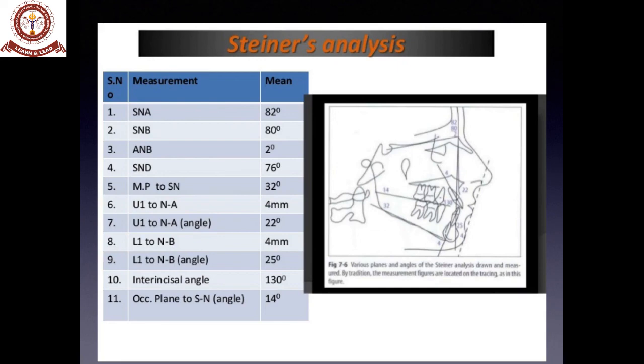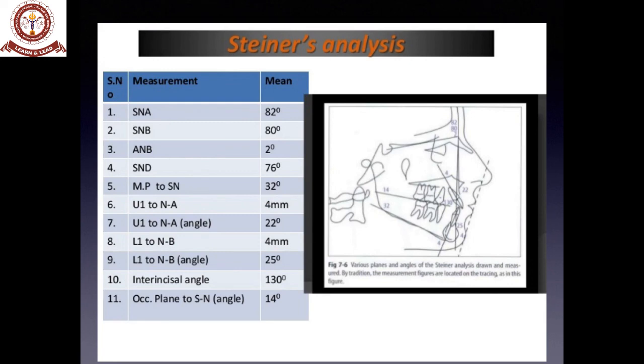We can also analyze the incisor angulation. We can analyze the nasolabial angle, the lower facial height, the middle facial height, the chin throat angle. So all these can be analyzed using the Burstone or the Steiner's analysis. Working on all these analyses, we come to a conclusion.